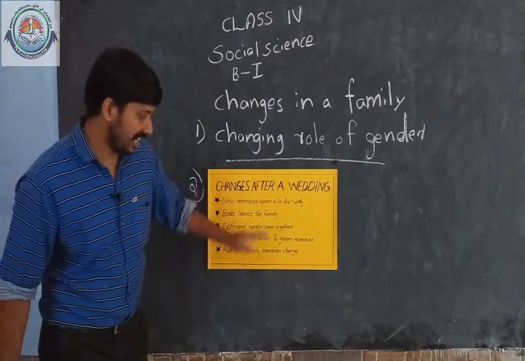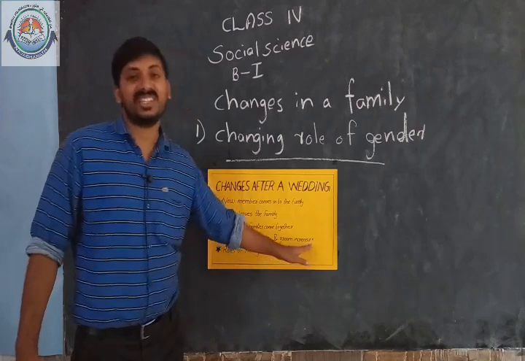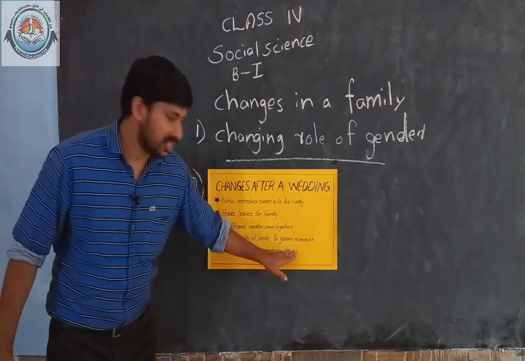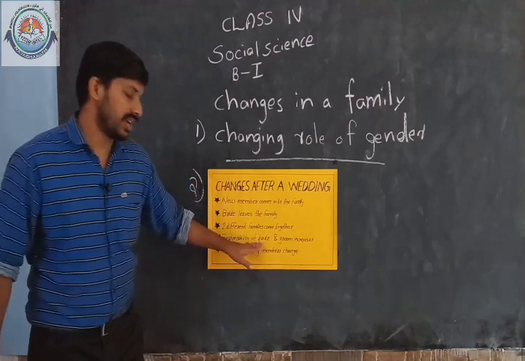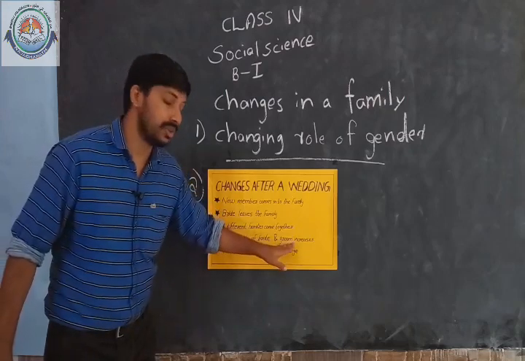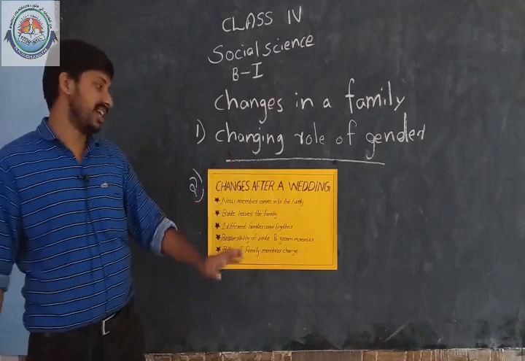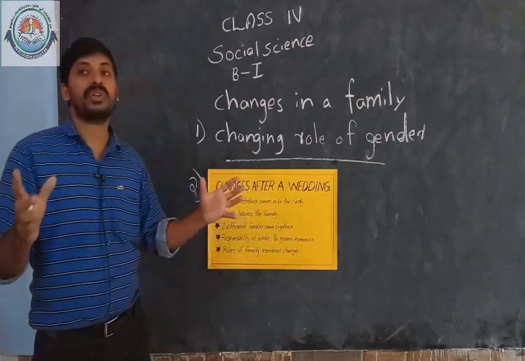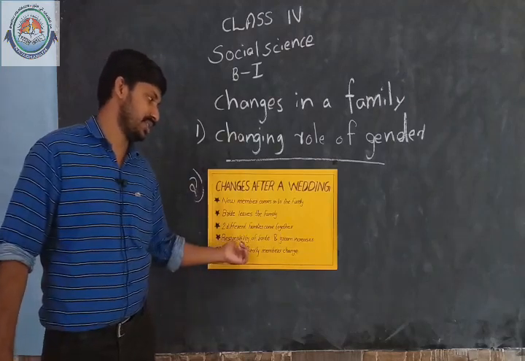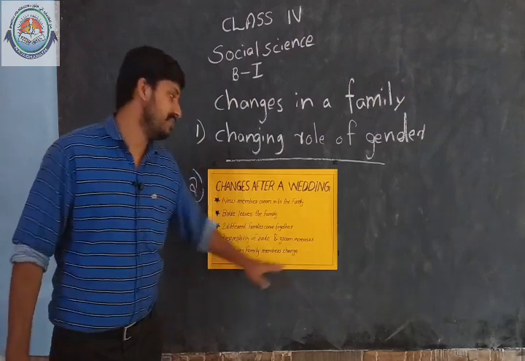After a wedding, the bride wants to help her husband in all house activities, and the groom and the family members who receive the bride want to make arrangements for her and support her in all household activities. The responsibility of bride and groom increases in many ways.